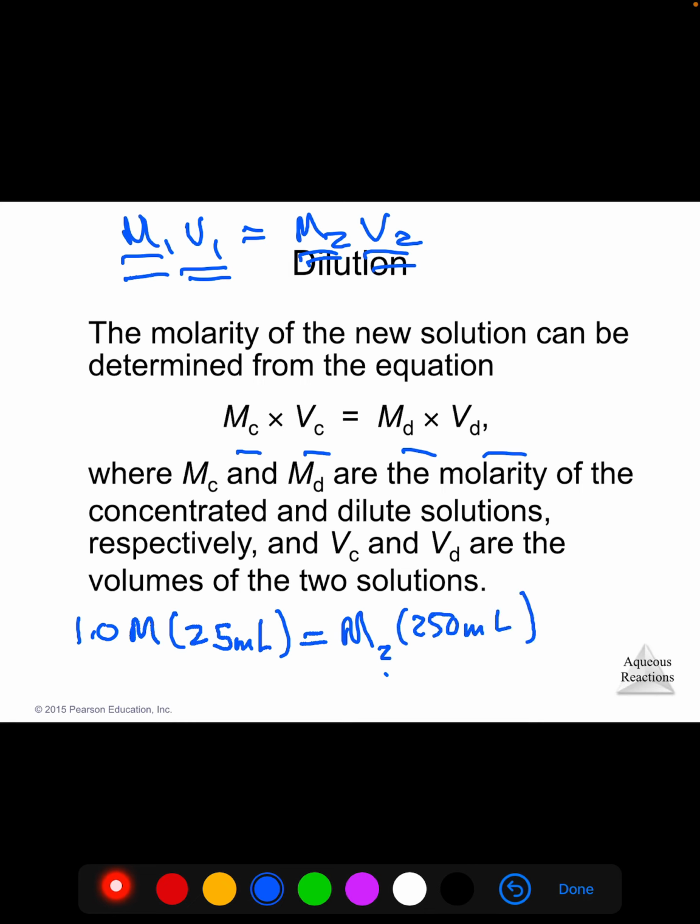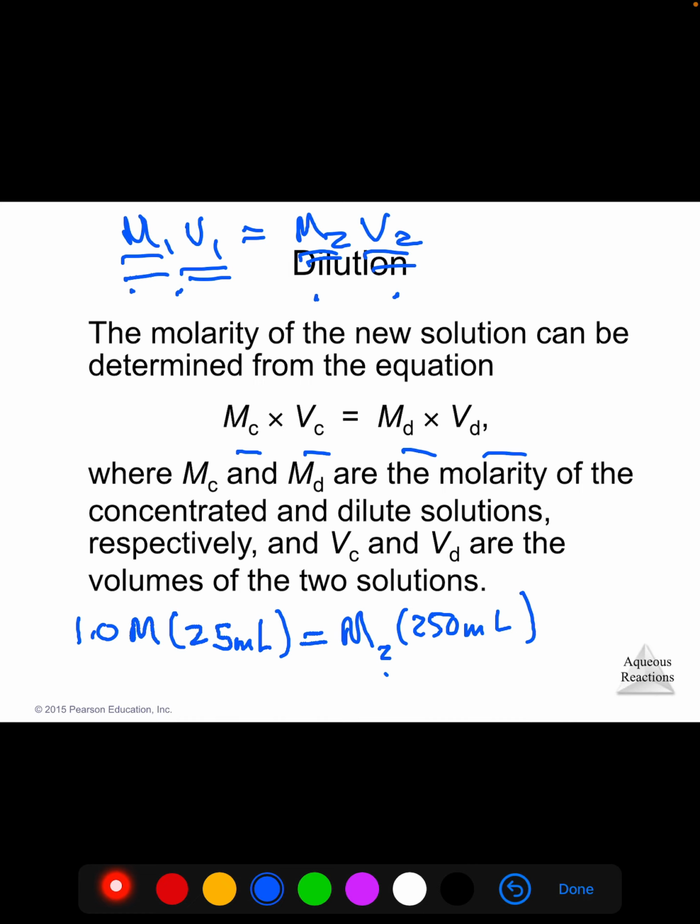So when you use M1V1 equals M2V2, it's the molarity of the first solution times its volume is equal to the molarity of the second solution times the second volume. And you can work forward and backwards.